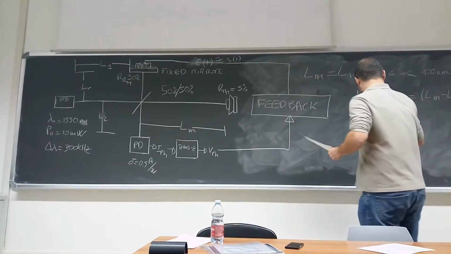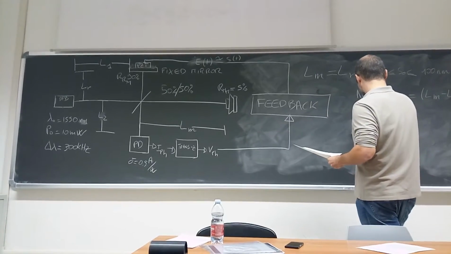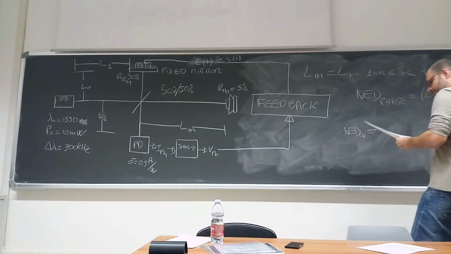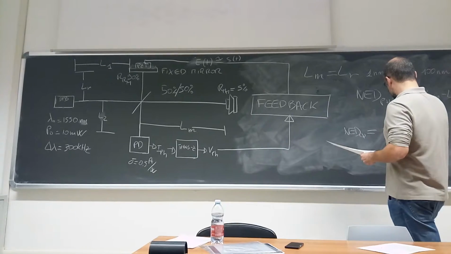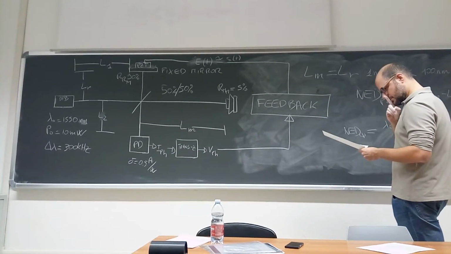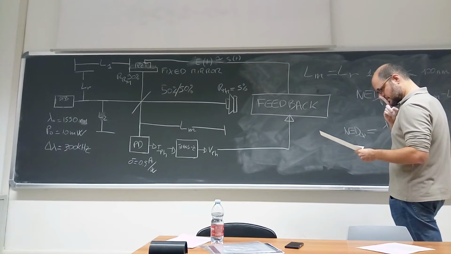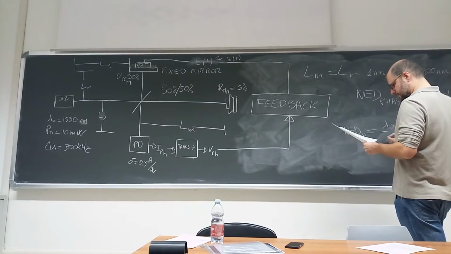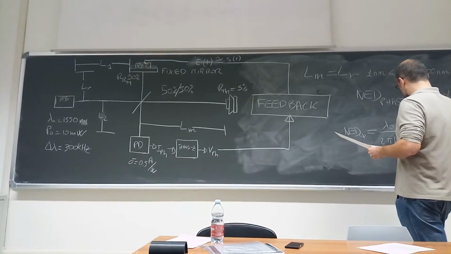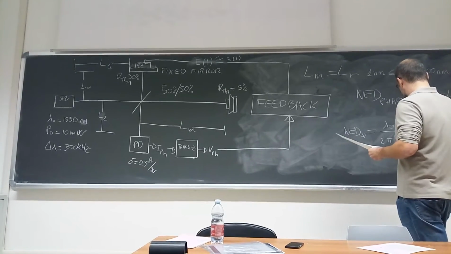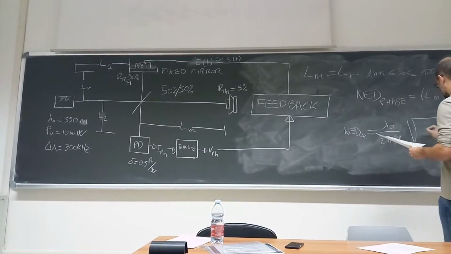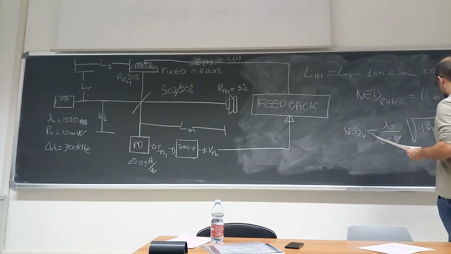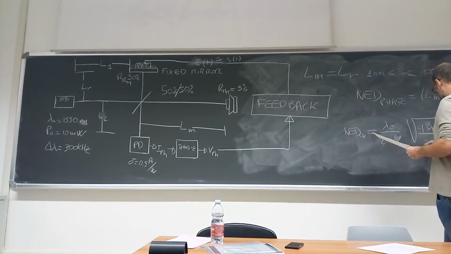Whereas the NED related to the quantum noise is given by lambda 0 divided by 2 pi V multiplied by the square root of q B mean divided by 2 I0.